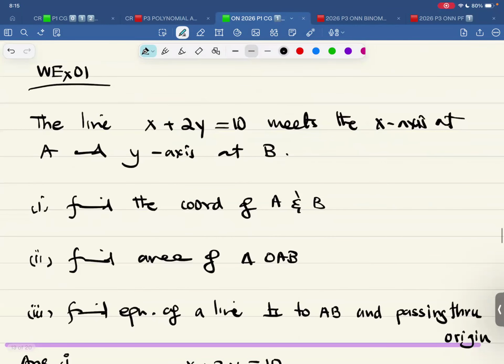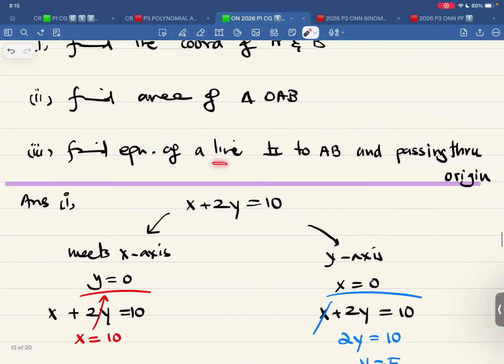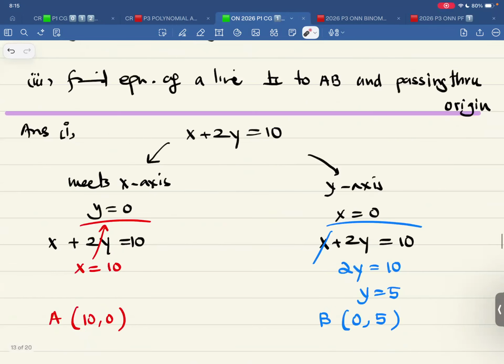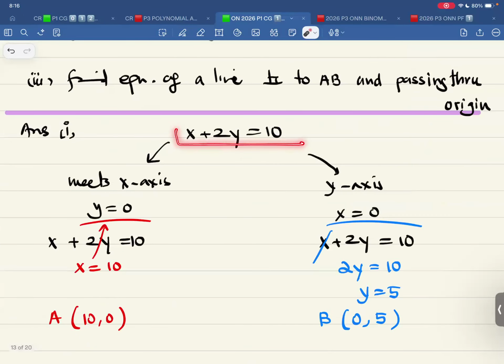Worked example 1, a very basic worked example. The line meets x-axis at A and y-axis at B. Find the coordinates of A and B. Find the area of this triangle. Find the equation of a line perpendicular to AB and passing through the origin. That's the equation of the line. Line meets x-axis, y-coordinate is 0. X comes out to be 10.